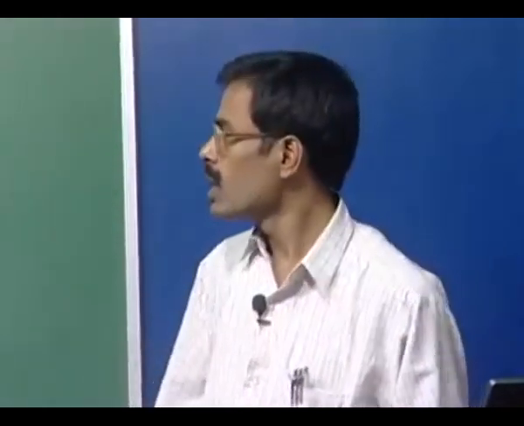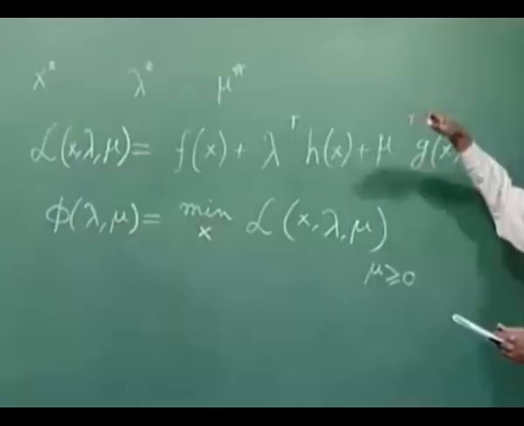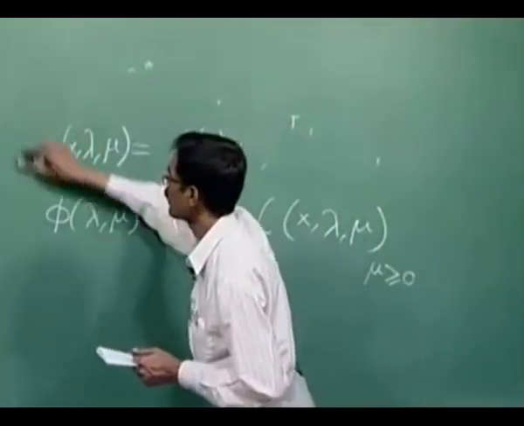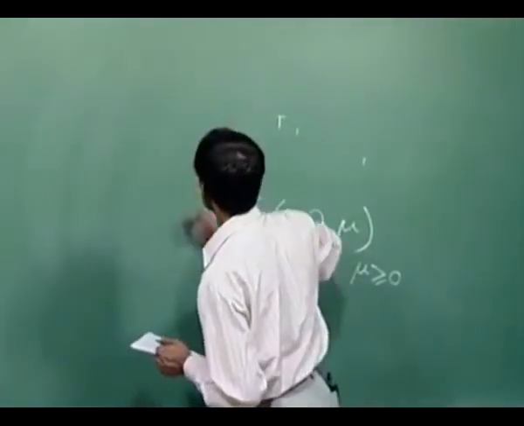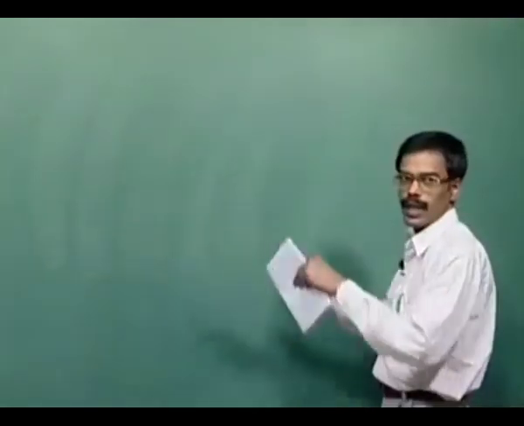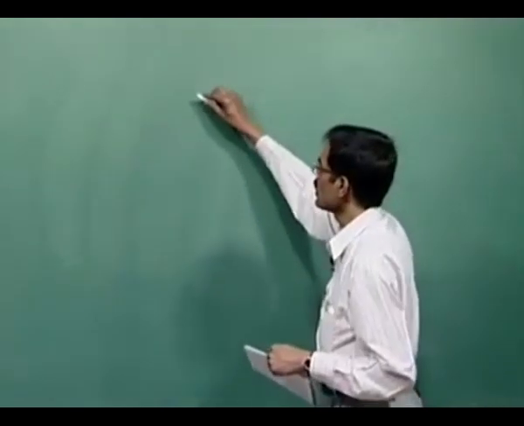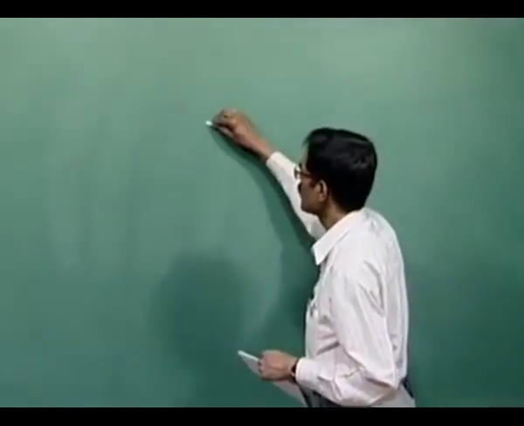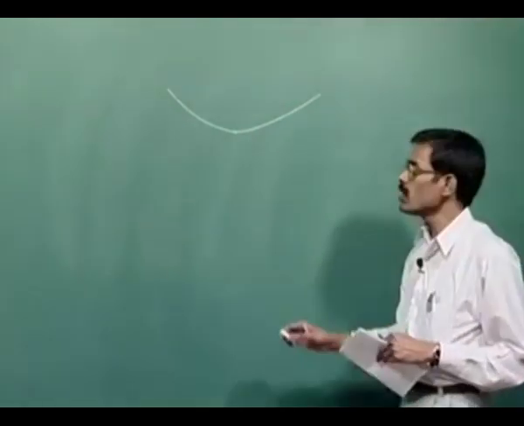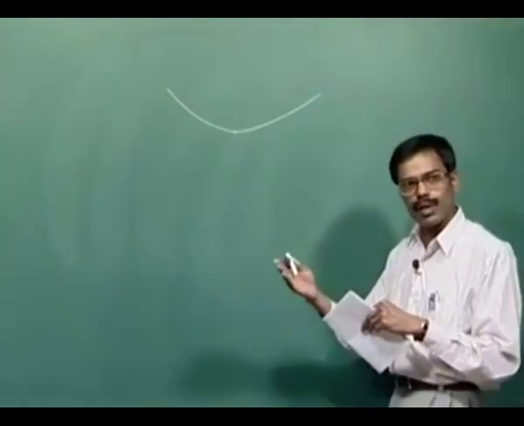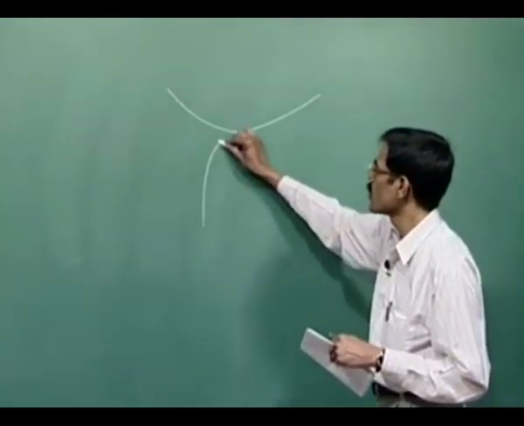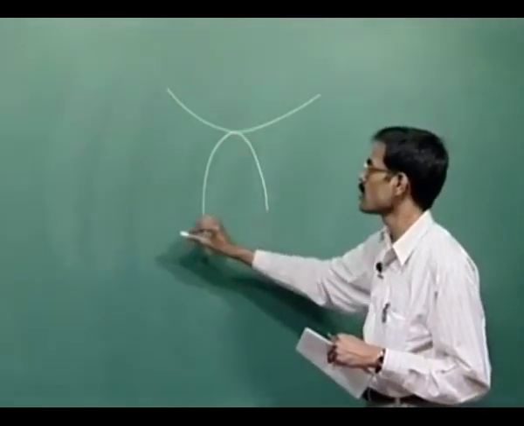So if you try to visualize the shape of the Lagrangian function in the complete space of x lambda mu, then in the x subspace, at x star you will find that it has a minimum like this. On the other hand, in the lambda mu subspace it will have a maximum at that point, like this.